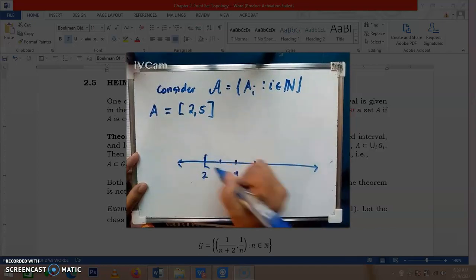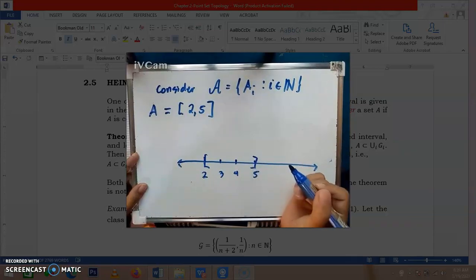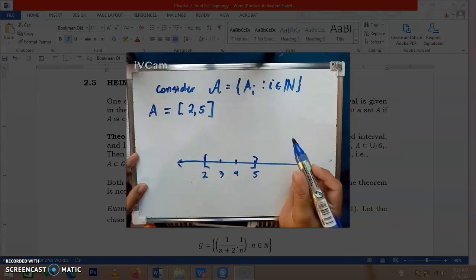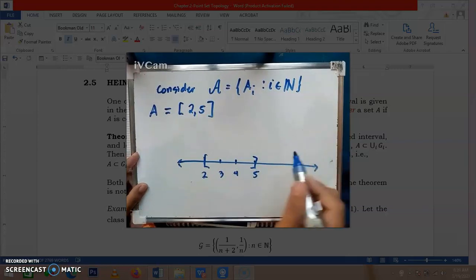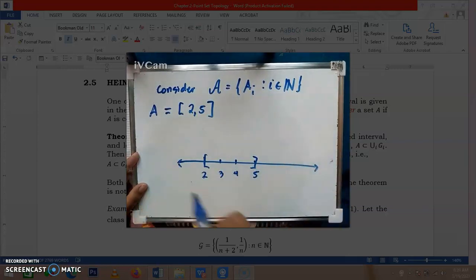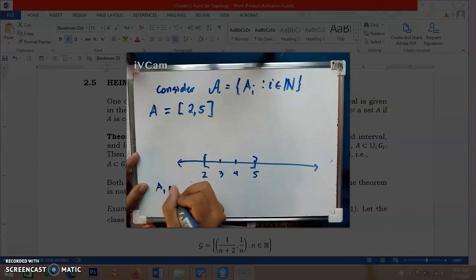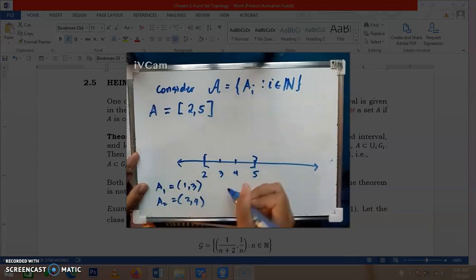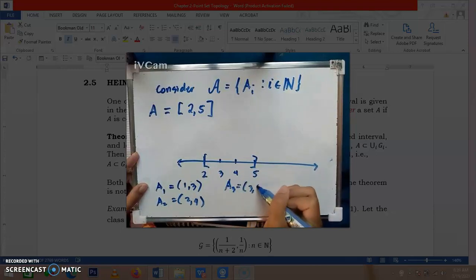So we have our set here. Now let us consider the class of sets. Say for example, A1 is the open interval 1, 3. Then A2 is 2, 4. A3 is 3, 5. It should be open intervals.